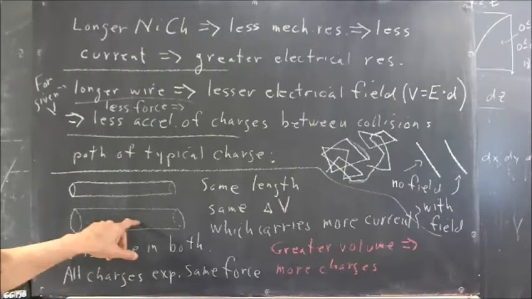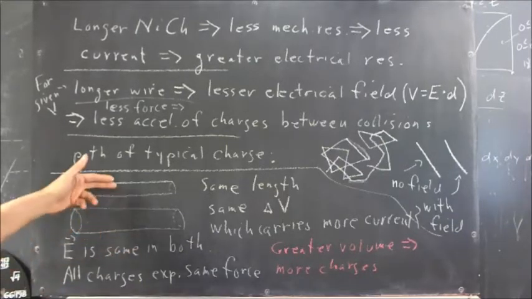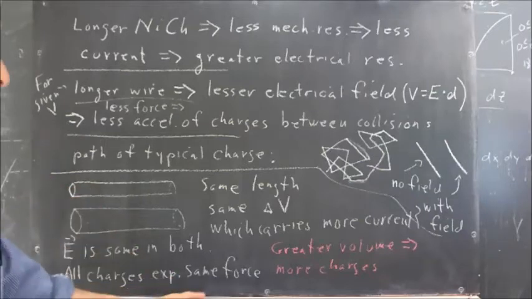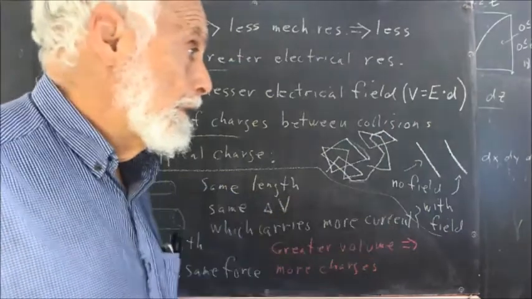The electric field is the same in both, so all charges in one or the other experience the same force. You have a uniform electric field, same uniform electric field in both. All charges experience the same force. Now, which of these will carry more current?